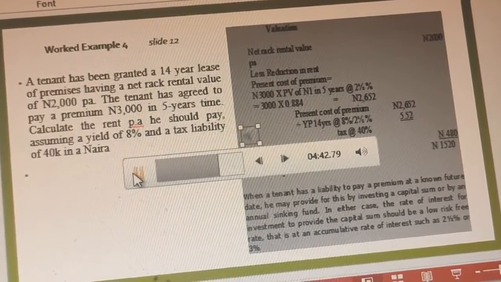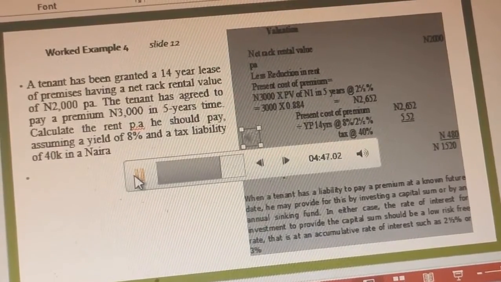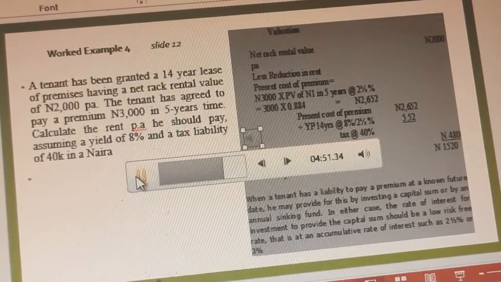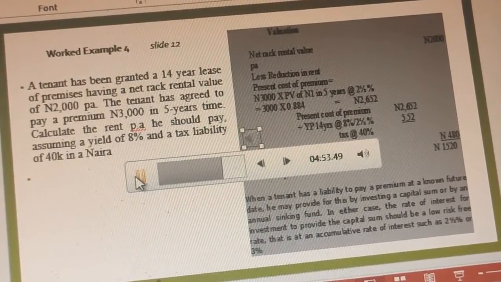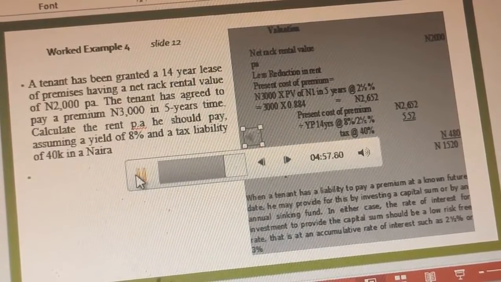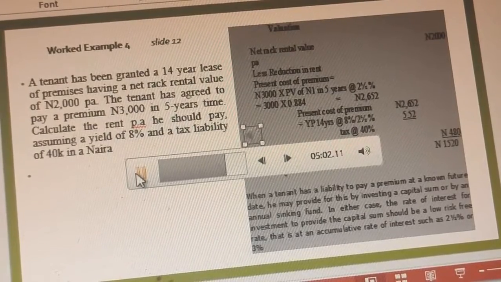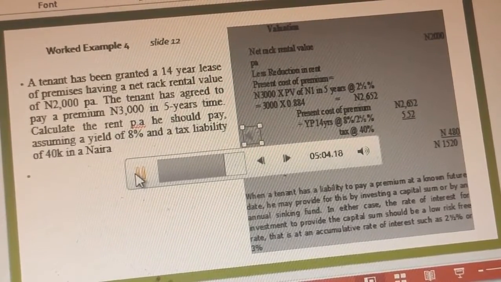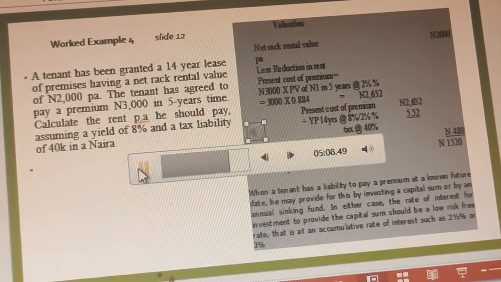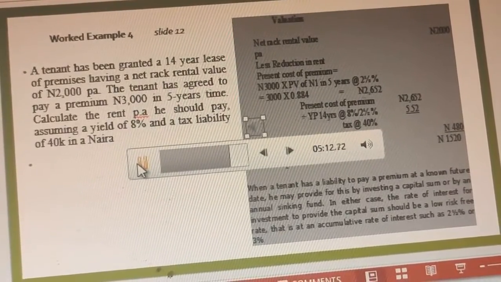So note that when you are determining rent to be paid from the tenant's point of view, the premium is a liability. And if he's not paying it immediately, then you have to defer it. It's a liability, so you must apply the sinking fund rate, not the remunerative rate, but the accumulative rate of 3% or 2.5%, which is the sinking fund rate.